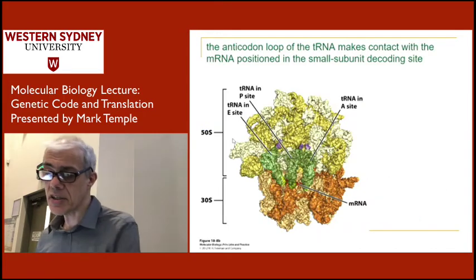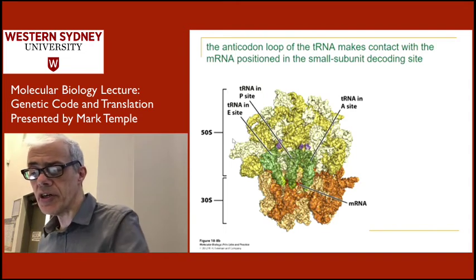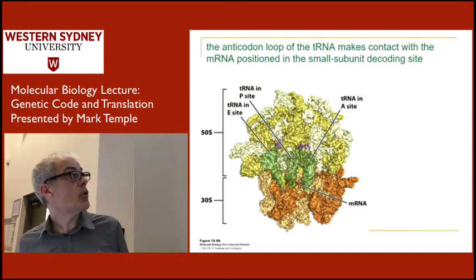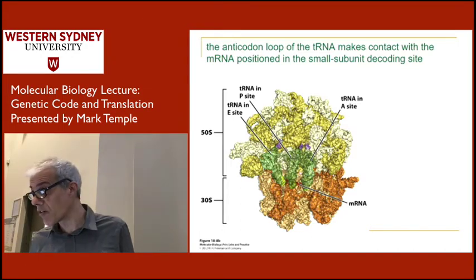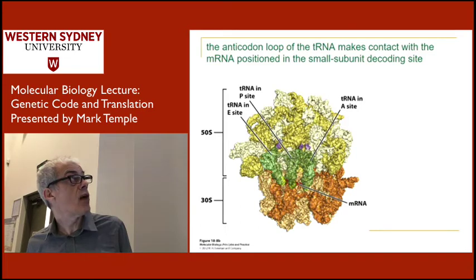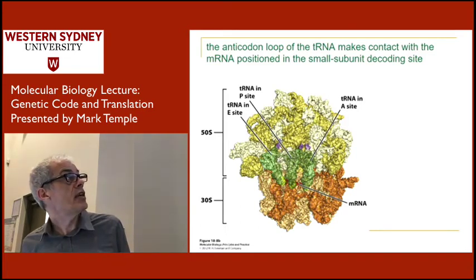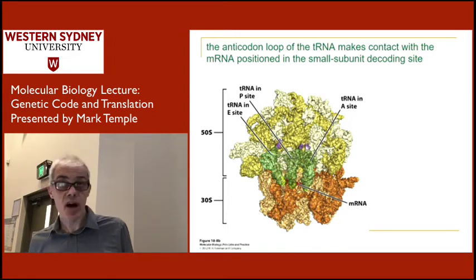And again, this is the same sort of structure I showed you earlier, but now, if you look carefully, it's showing three green blobs. That's three transfer RNAs within the ribosome. And these purple bits here are the 3' terminus where the amino acid is going to be attached.